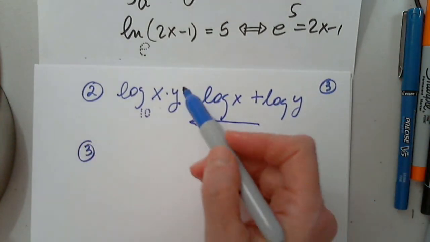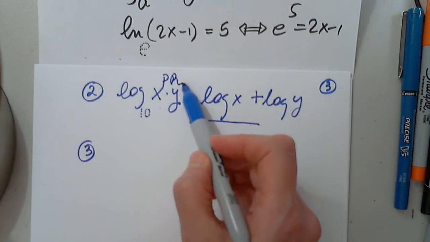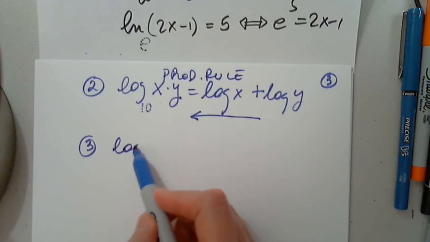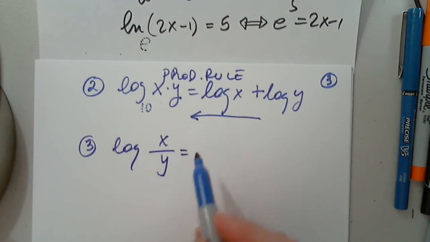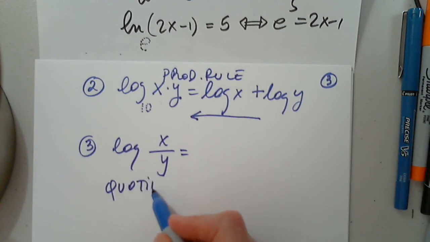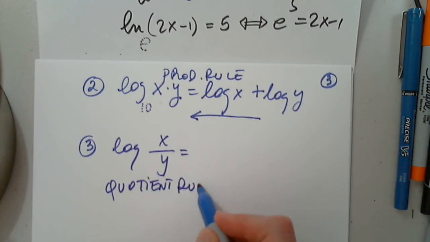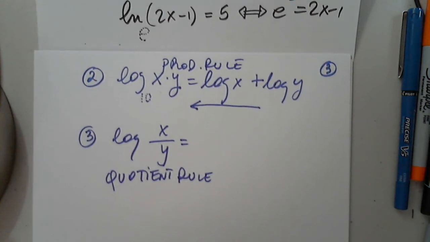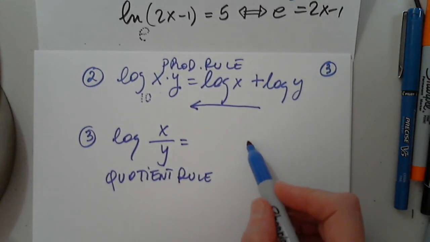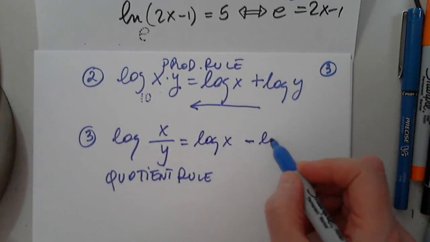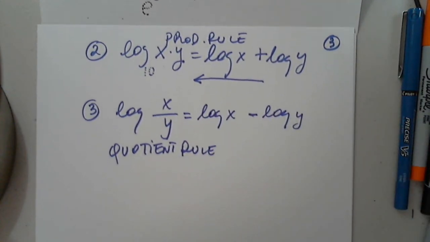Property number 3. So this is the product rule. We also have the quotient rule. Anyone remembers what it equals to? The quotient rule. Log of x minus log of y. Exactly the same. Thank you so much, Rachel. So this is log x minus log y. And there is one other property.